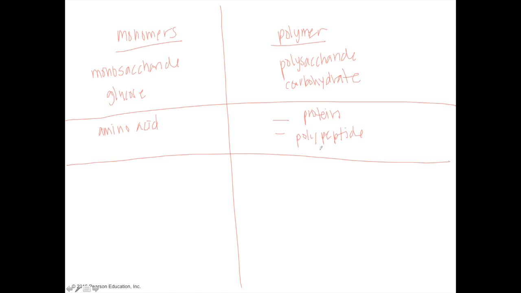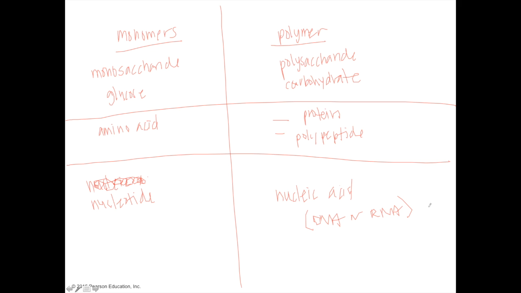It's the same. And then when we say nucleic acid, oh, that's not what I want. I don't know how to erase. Nucleotide would be the monomer, and the polymer would be nucleic acid. You could say DNA or RNA.